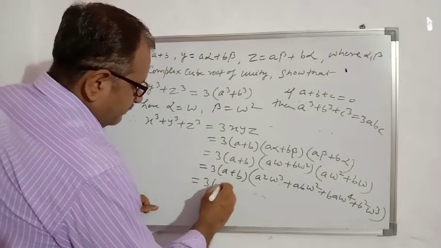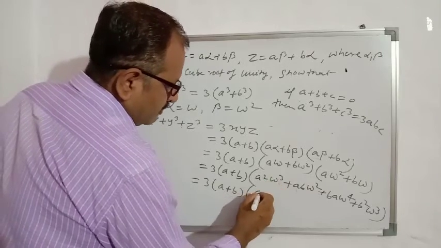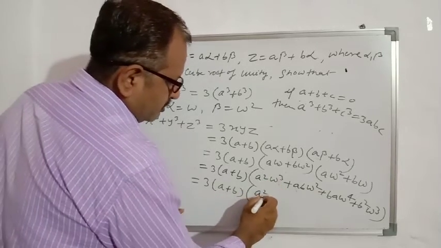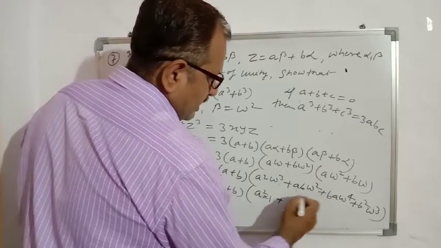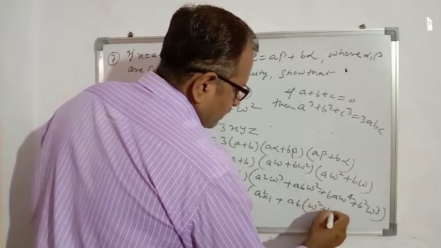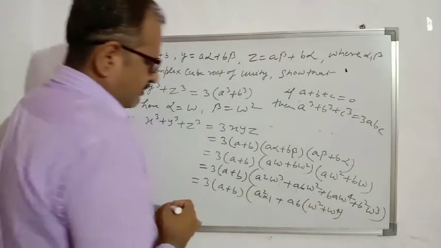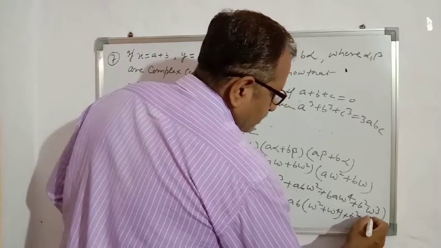So 3 into (a plus b), omega cube value is 1, so it is a square into 1, plus we can take ab common, so it will be omega square plus omega to the power 4, and here again omega cube value is 1.